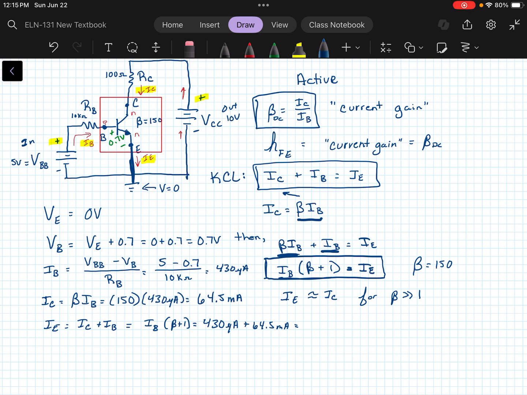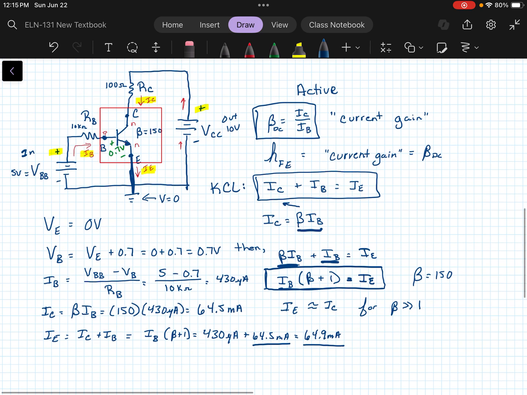I'm going to use my calculator here. That gives us about 64.9 milliamps for IE. Notice the difference between IC and IE is about 0.4 milliamps, and when both of those are starting out as 64 milliamps, that's really small. So IE and IC are pretty close to the same.